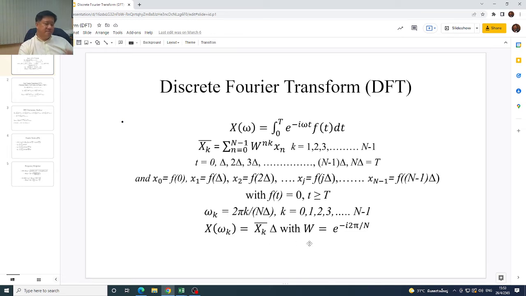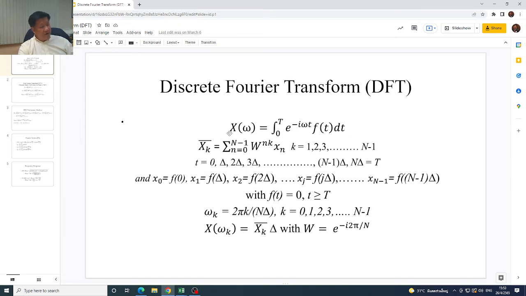In the next part, we talk more about the computational issue of this discretization. Let's summarize again. The first equation is the definition of the Fourier transform.